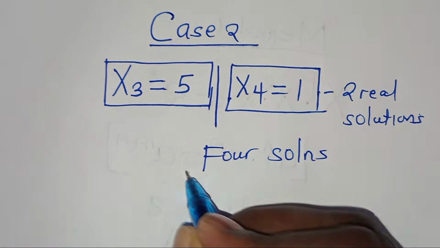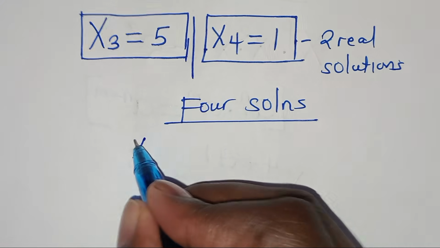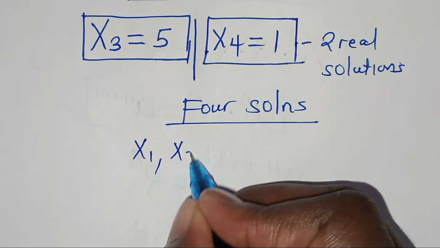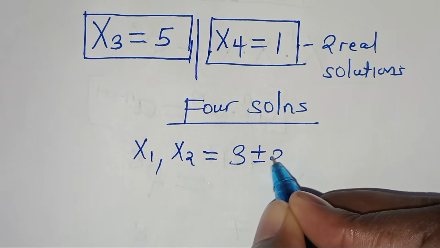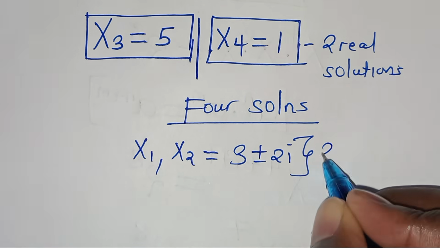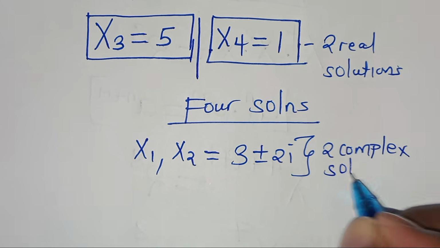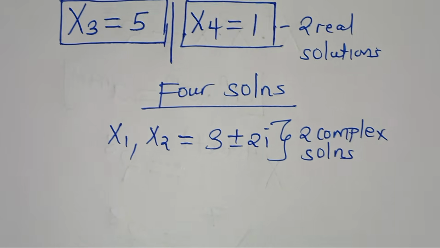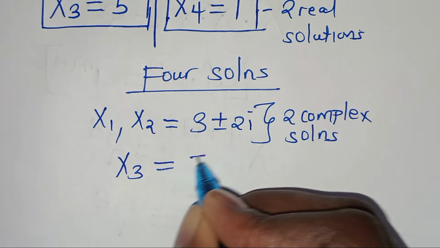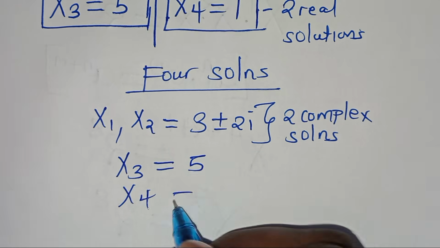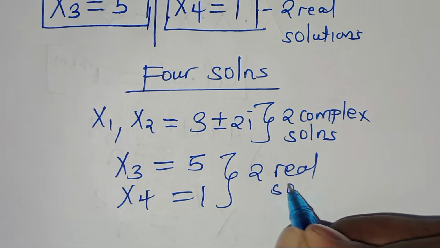We have x1, x2, which is equal to 3 plus or minus 2i. Remember, these are two complex solutions. And we have x3 equal to 5, and x4 equal to 1. These are two real solutions.